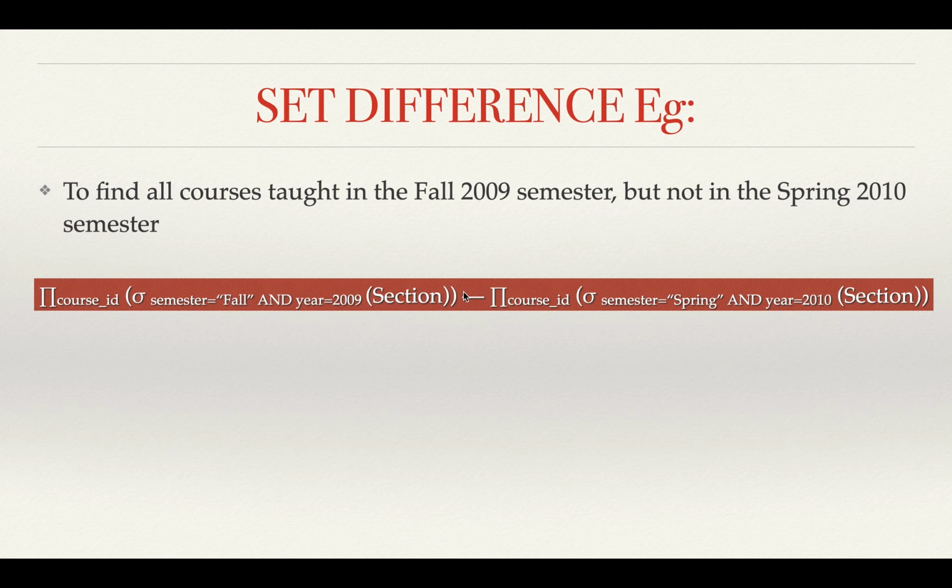Type compatible or union compatible means the degree of the relations involved in the set operations should be the same, and each of the attributes in the relation should have the same domain. Okay, so if that compatibility is satisfied, only then you can perform the set operations. And we have seen examples for each of the operations. Thank you.